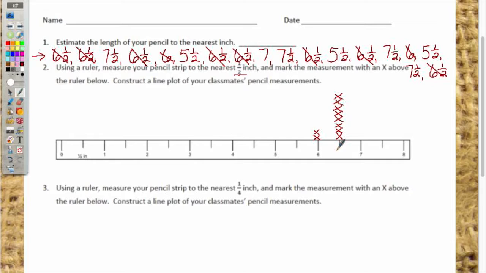Now I want you to take the rest of those numbers and mark them on your line plot. Make sure you cross them off as you use them.